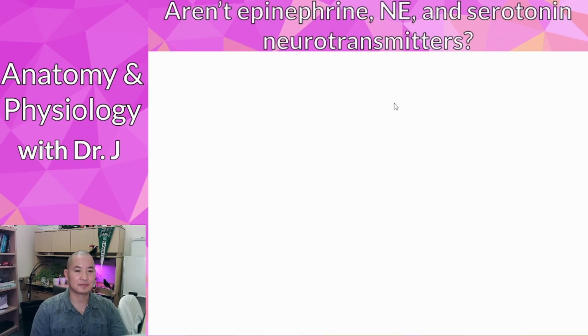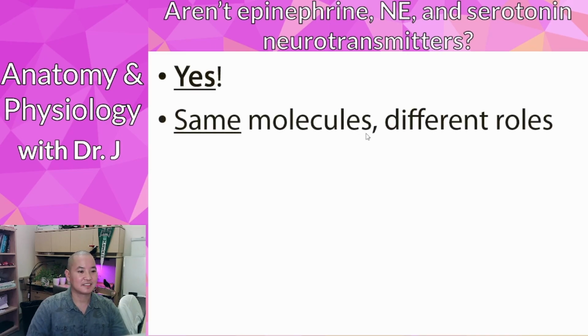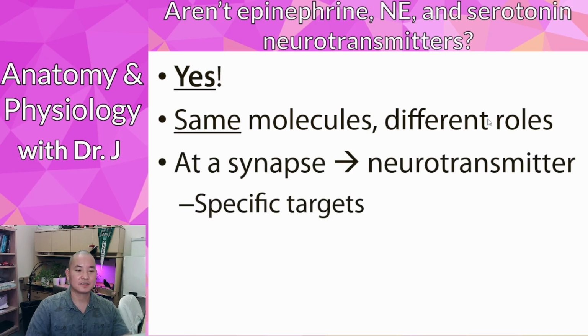Now you might be like, wait, aren't these neurotransmitters? Didn't we talk about epinephrine, norepinephrine, and serotonin being neurotransmitters in the brain? And yes, they are neurotransmitters. But these are the same molecules, and now we're talking about their endocrine roles. If these molecules are at a synapse, they're neurotransmitters.